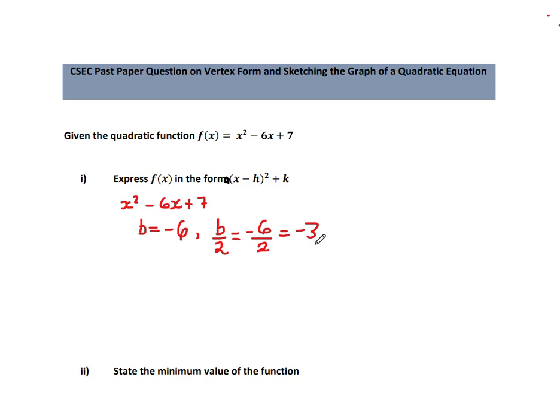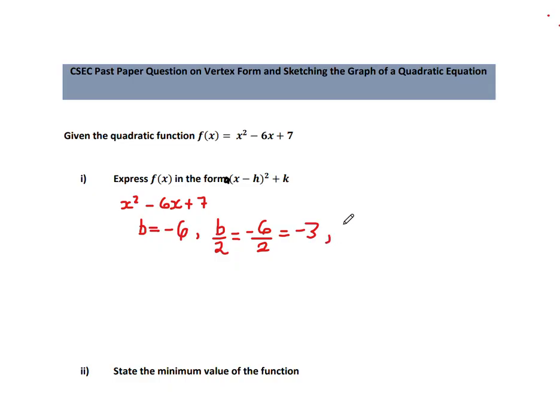So again, the first thing you want to do when you're given a quadratic equation and you're asked to express it in the vertex form is apply the technique of completing the square. To do so, you first identify the coefficient of x in the middle of the quadratic expression, and that is b equals negative 6 in this case, and then you divide that value of b by 2, which is negative 3.